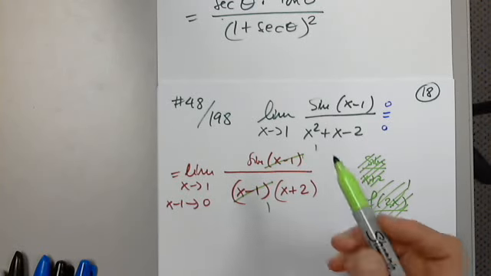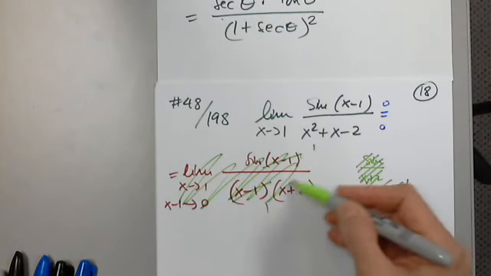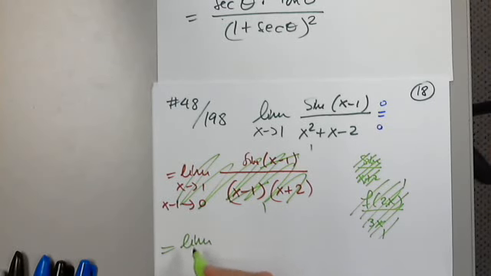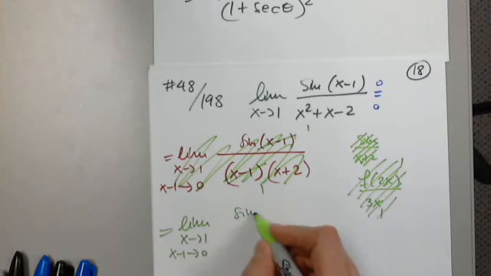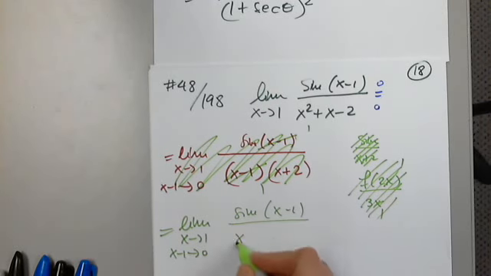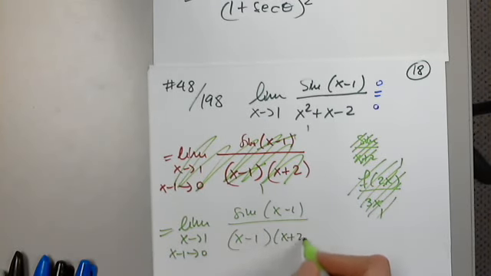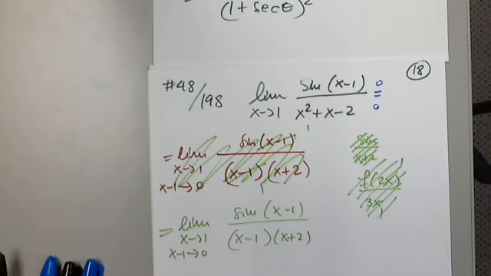Okay, so of course disregard this. Let me erase it because it's ridiculous. So, as x minus 1 approaches 0, this is sine x minus 1 over x minus 1 times x plus 2. So this is what we did from the very beginning.